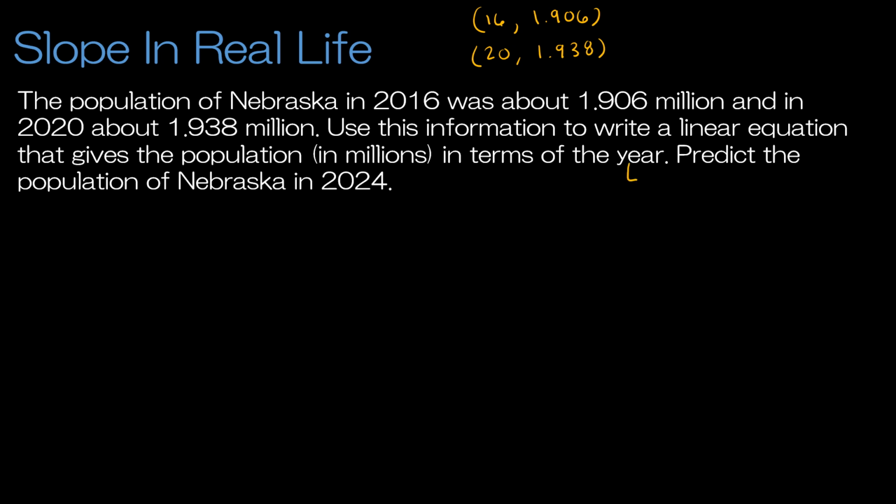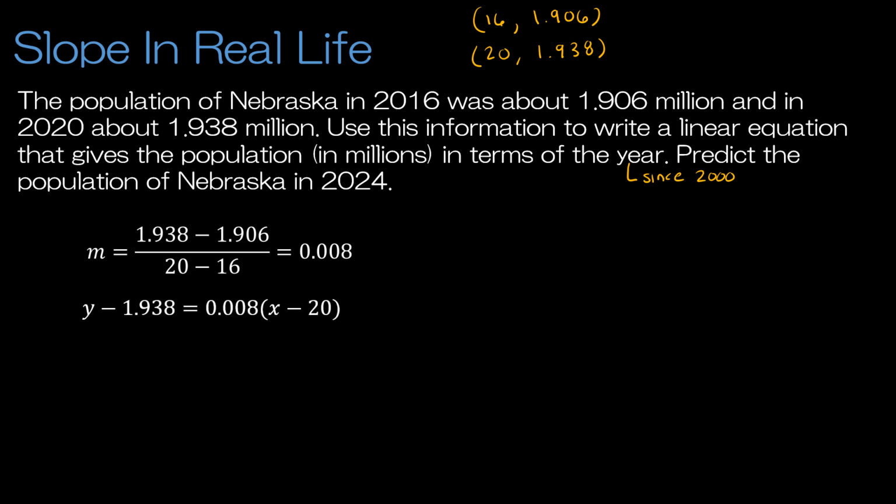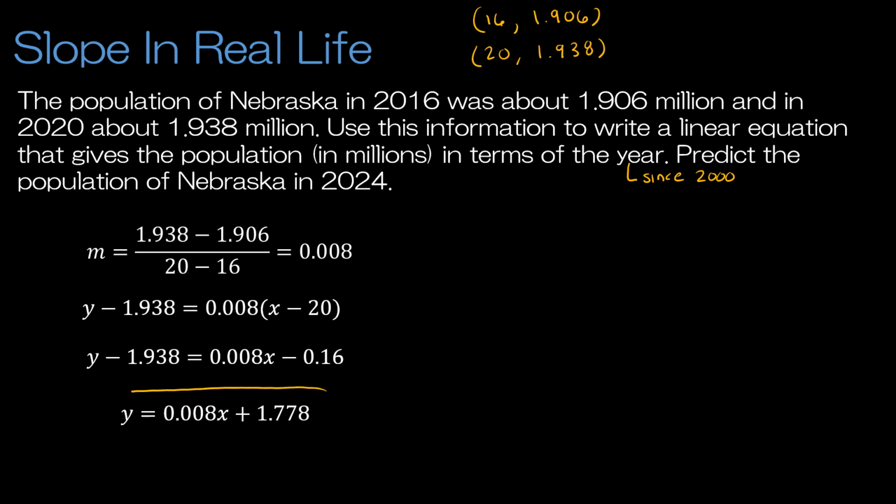And in terms of the year, I'm going to say since the year 2000. You could do that for starting at 2010 or 2015, but make it easy, 16 and 20. Now you have two ordered pairs. Now I can use those ordered pairs to find the slope, just as we did before. I can use one of those two ordered pairs to use point slope form to come up with the equation of the line. So here's my equation.